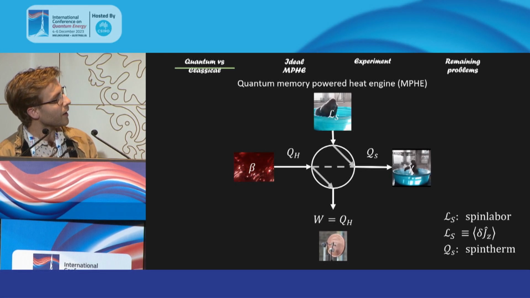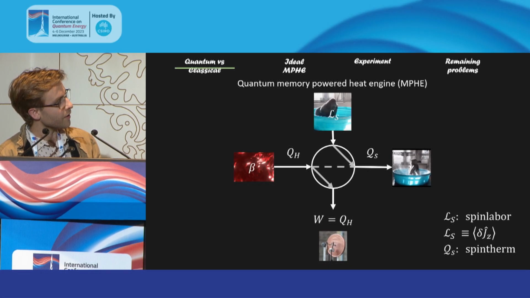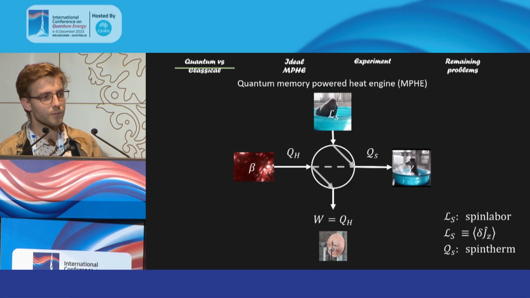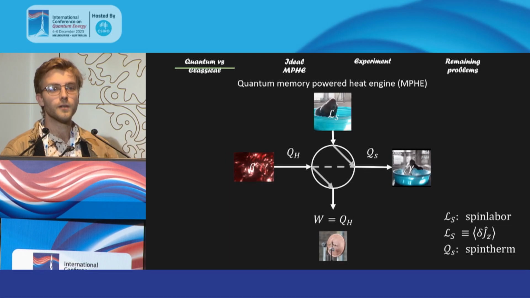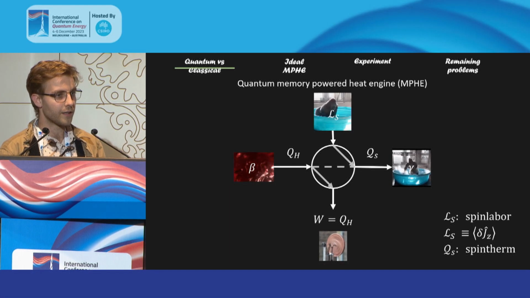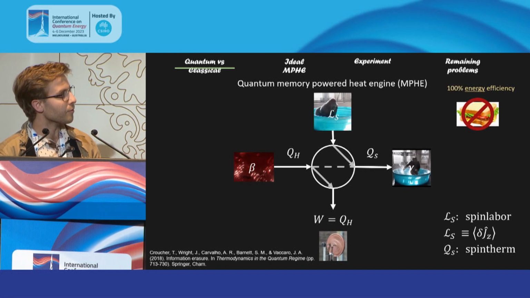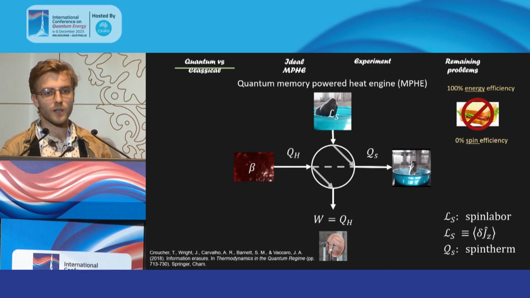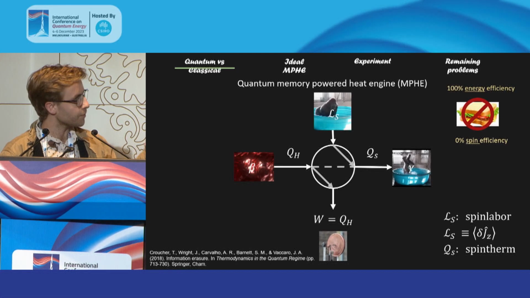And the heat engine uses that low entropy spin and converts it into a spin equivalent of thermal energy and dumps it into a spin bath. So we're still paying for the entropy increase, but now we're using spin angular momentum rather than heat energy. And in principle, this is 100% energy efficient, and we'll go through when it's actually not. But it's also 0% spin efficient. So that's kind of the big distinction. We're not getting any usability out of this spin reservoir, really.